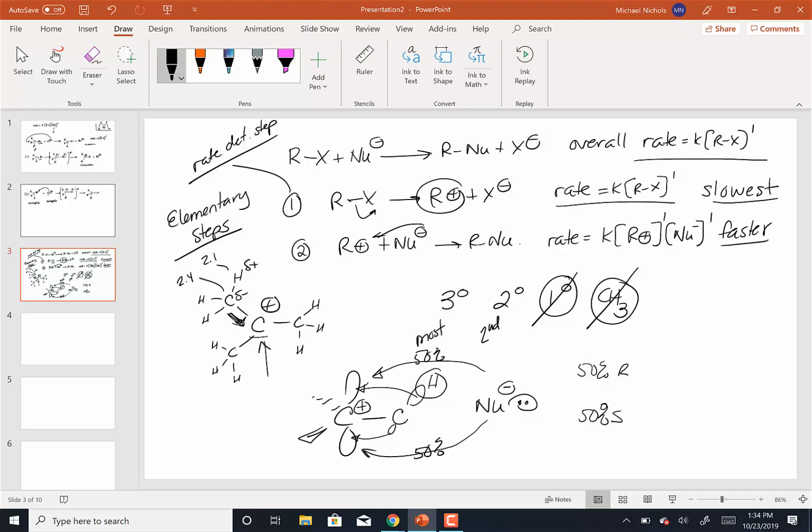So our characteristic 3 of SN1 is when you have a chiral molecule, you get a 50-50 racemic mixture of enantiomers. Characteristic number 2 is this mechanism.